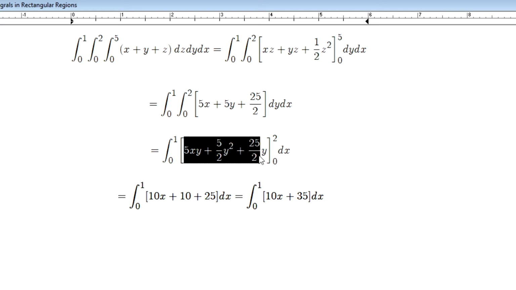And we get this result. This was our antiderivative statement that I rolled through there. That's 5xy, 5 halves y squared, 25 halves y. We get those respective results down here. If I evaluate from 0 to 2 now for y, plugging in 0 for all our y's, we'll have that 0 away. But substituting in 2 for y, this y will make that 10x.